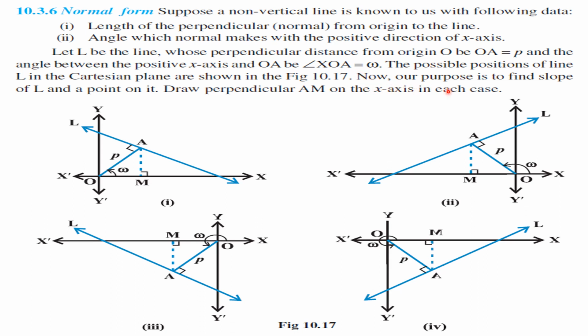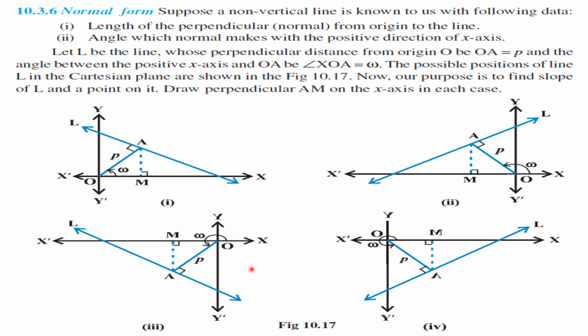Now our purpose is to find the slope of line L and a point on it. Draw perpendicular AM on the x-axis in each case. Here we have drawn a perpendicular line AM on the x-axis. Here also we have drawn AM in all the 4 cases.